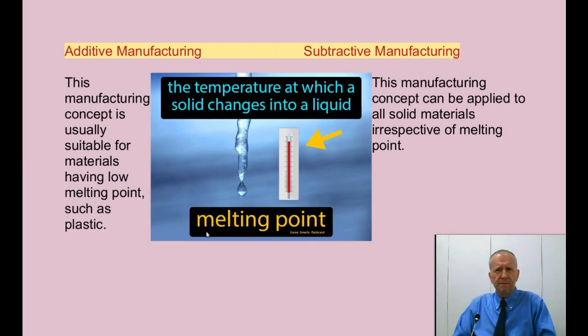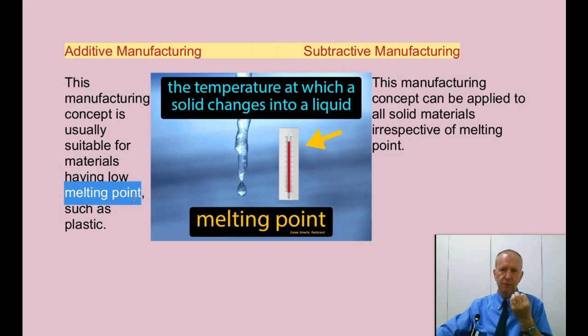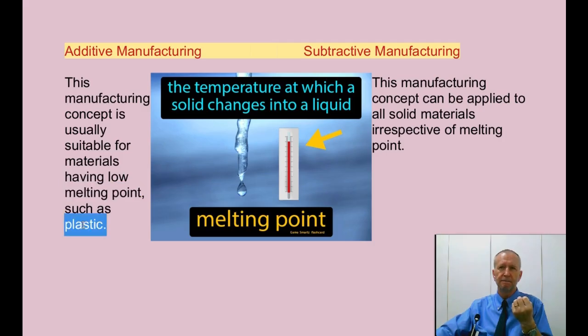In additive manufacturing, we have to have materials that have a low melting point. They've got to get hot enough. They've got to be able to melt. And in this case, such as plastic.